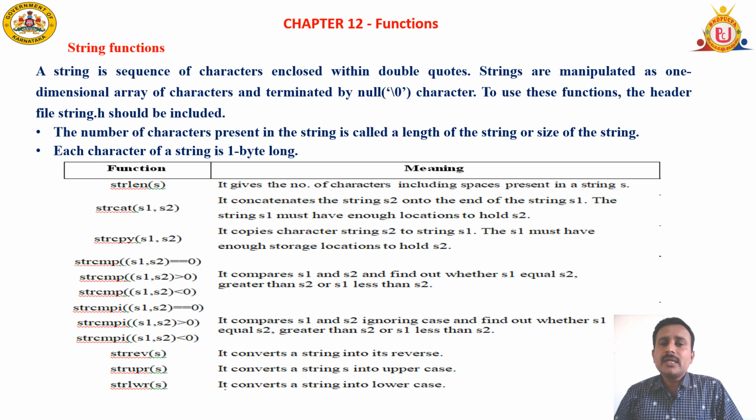Generally, strings are manipulated as a one-dimensional array of characters, that is, an array of characters terminated by a null character. To use these functions, the header file string.h must be included. The include string.h is required to perform these built-in string functions.